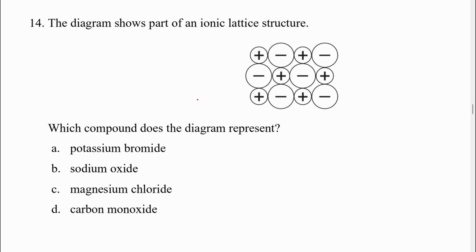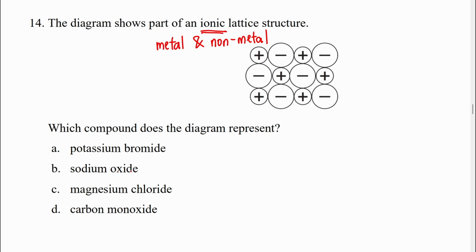Question 14. The diagram shows part of an ionic lattice structure. Which compound does the diagram represent? Okay, so first of all, we have to know what kind of bonding this is. This is ionic, right? So ionic bonding is between metal and non-metal. Okay, so from here, if you check options A, B, C, and D, we know potassium is a metal, bromide is a non-metal, and sodium oxide is a metal and non-metal, right?